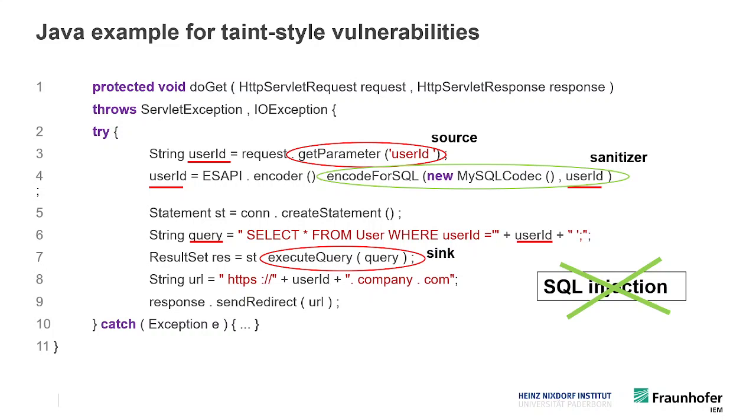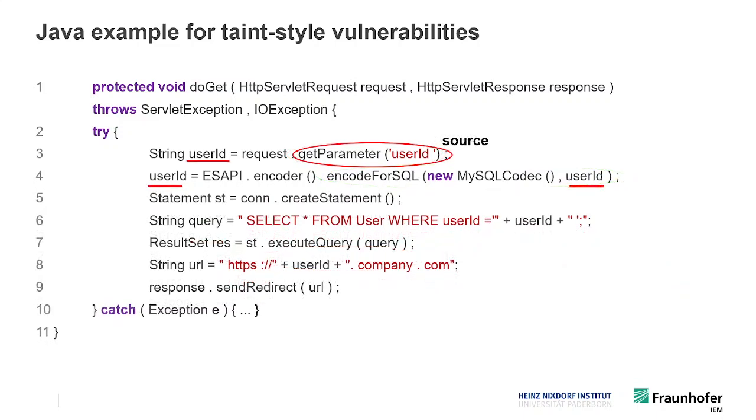And if we continue in the same code, if we want to track further what happens with our user ID, you see here at line 8 that the user ID will again be concatenated to some string, and it will create a URL. And in line 9 we have a sink, which is a send redirect method call, and we are redirecting the client to a different location.